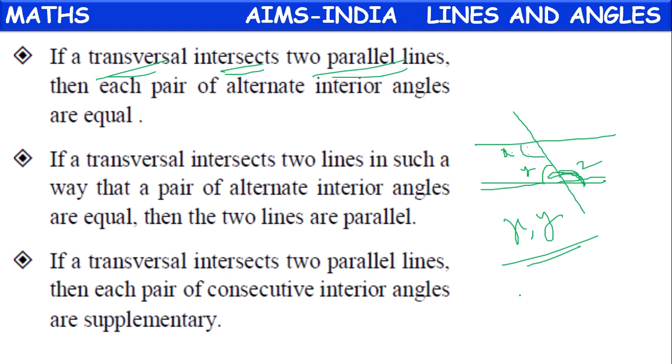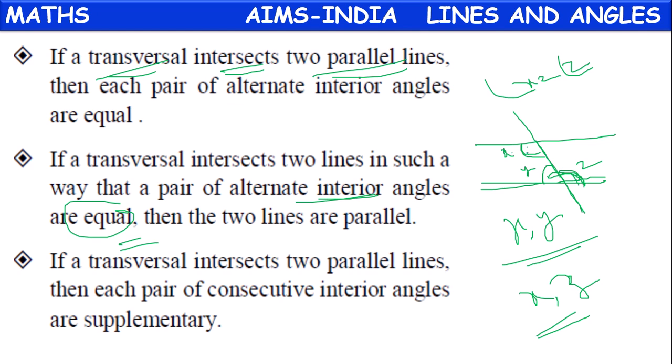X and z are called alternate interior angles. Alternate interior angles means for the transversal, one is on that side, one is on this side. So they are also equal. So x equal to z. Angle x equal to angle z.